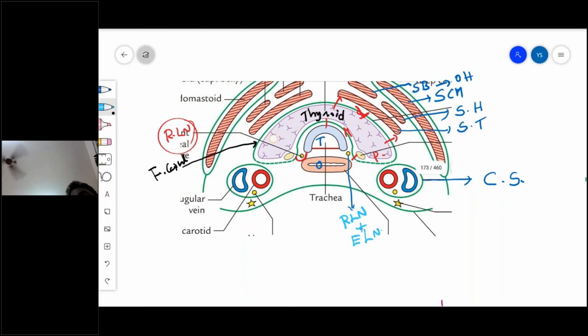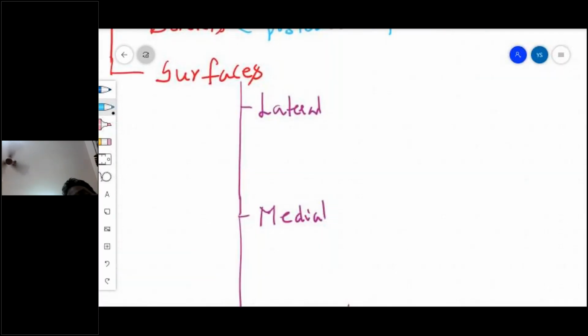So these are the relations of the surfaces. The same thing we write in the notes.